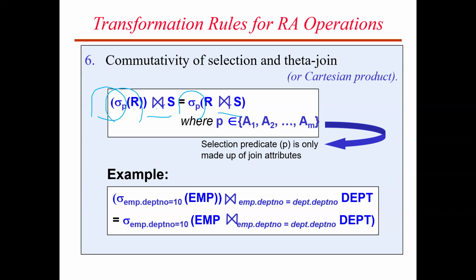So you select from the join first and then join with S, which is equal to selecting before the join, when the selection predicate P is only made up of join attributes. Here we have an example like this: select department number equal to 10 from employee is equal to writing it like this.